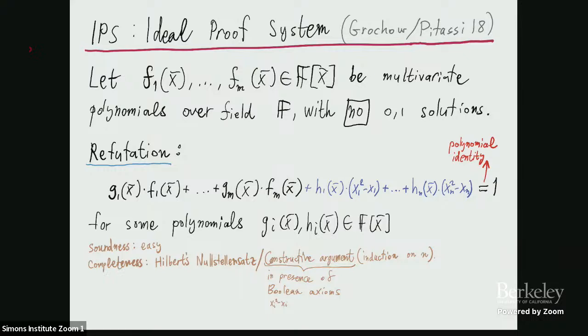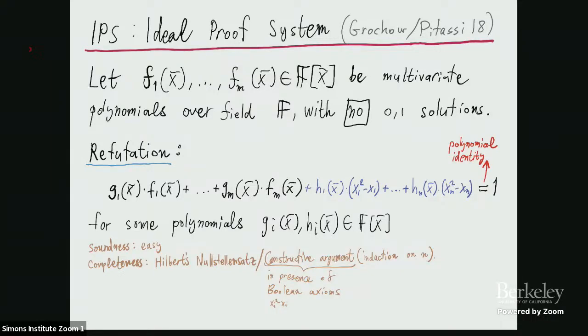So a 0-1 solution means that there is an assignment making all of these equations 0. So there is no way to satisfy all of these equations with 0. So a refutation is the following term. It's just a polynomial sum of the axioms. So these are the axioms, f1 to fm. They are unsatisfiable over 0, 1.